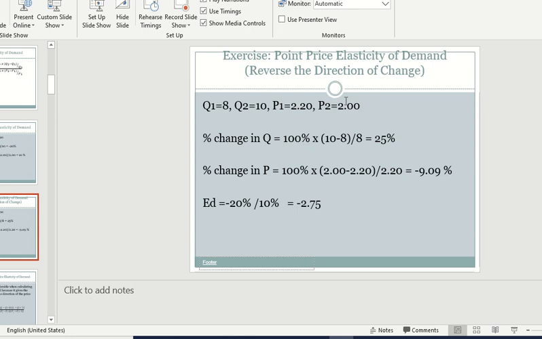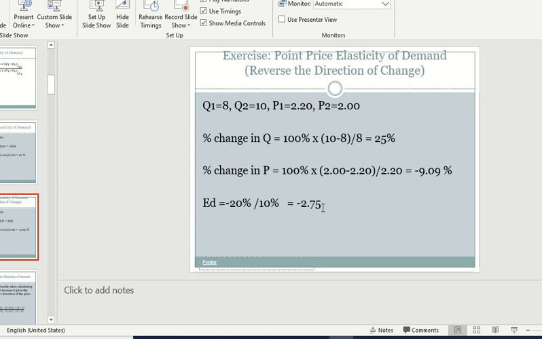When you plug in the numbers into each equation, you find that the percentage change in quantity is 25% and the percentage change in price is negative 9.09%. When you plug into the equation to find the price elasticity of demand, you find that the price elasticity of demand now is negative 2.75.